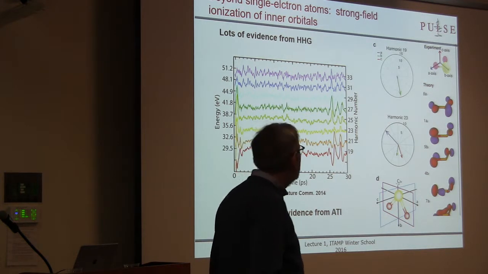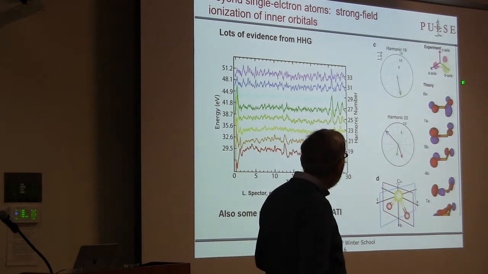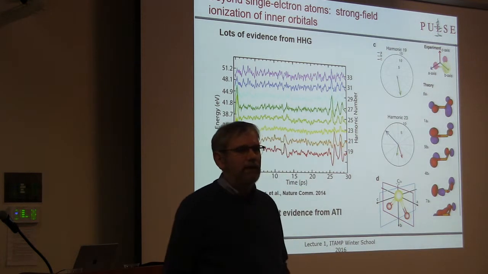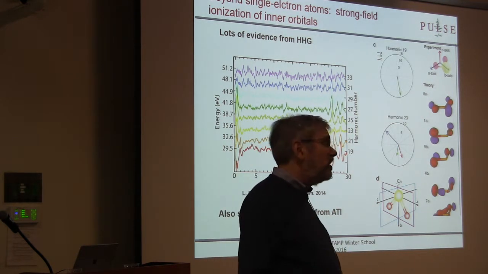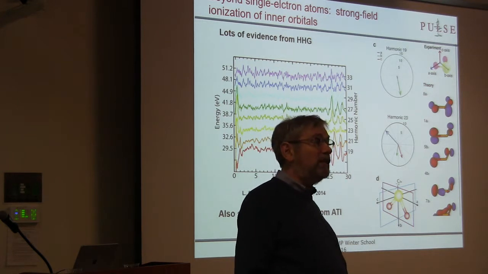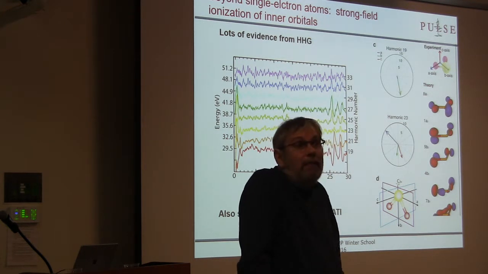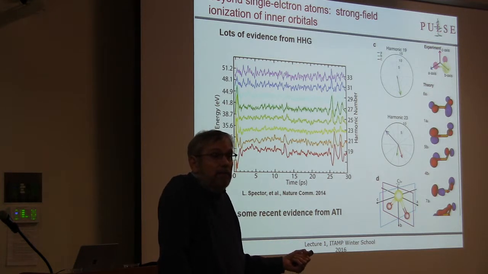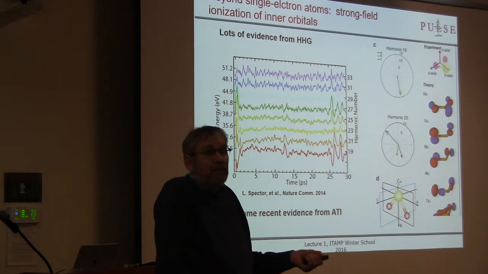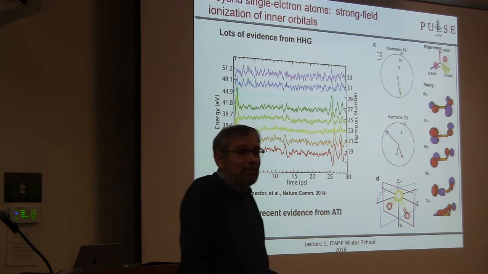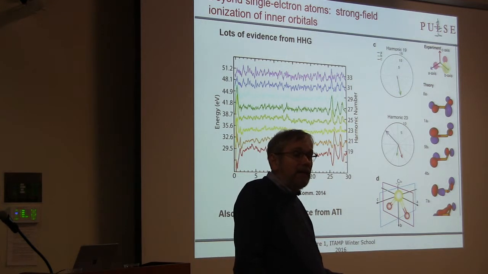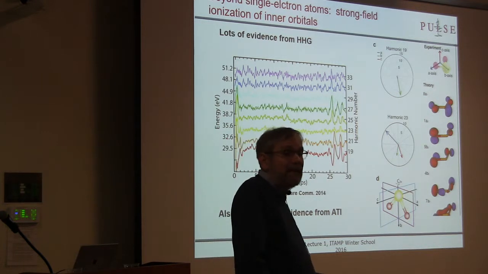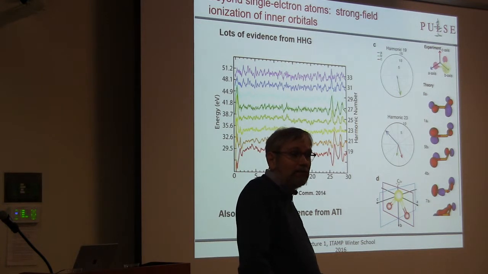You can use that to match up different orbitals that might have been the ones contributing to the ionization and recombination. And when you do that, you find that actually it looks like it's pretty common for not the outer electron, but one of the other nearly outer but not really electrons, ones that are bound by a couple of eV, to participate and in fact dominate in high harmonic generation.